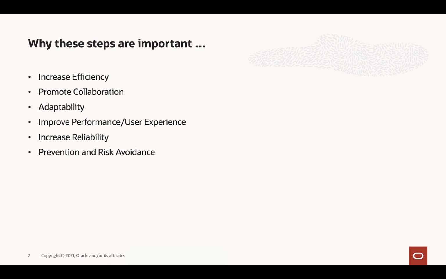We'll show how you can accelerate performance and even talk about enhanced user experience. And of course, the focus here is to increase reliability of your Java environment, and at the same time, improve compliance and risk avoidance. I think most organizations are striving to improve on all these aspects, and our three steps will provide a framework for achieving these goals.